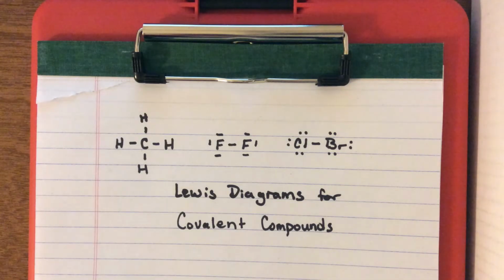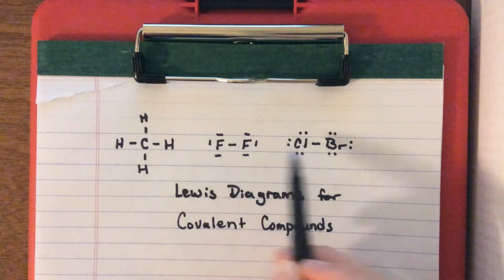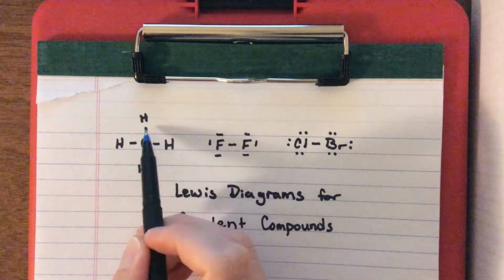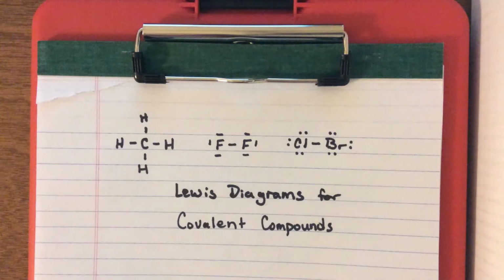So covalent compounds are held together by shared pairs of valence electrons, which are called bonds. And these bonds are shown as a short line that is connecting the symbols of the two elements.